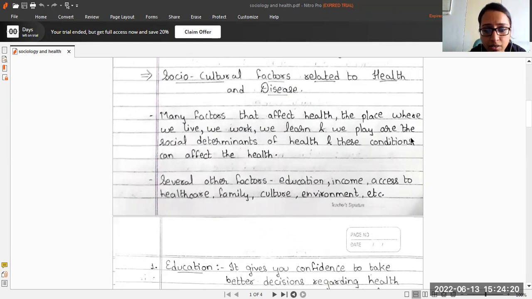Several other factors, that is education, income, access to healthcare, family, culture, environment, etc., are also included in socio-cultural factors, which can affect our health and diseases.